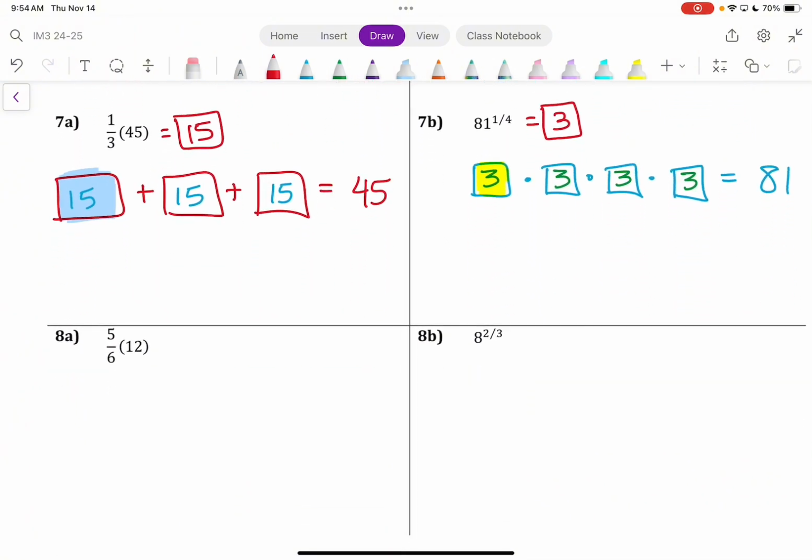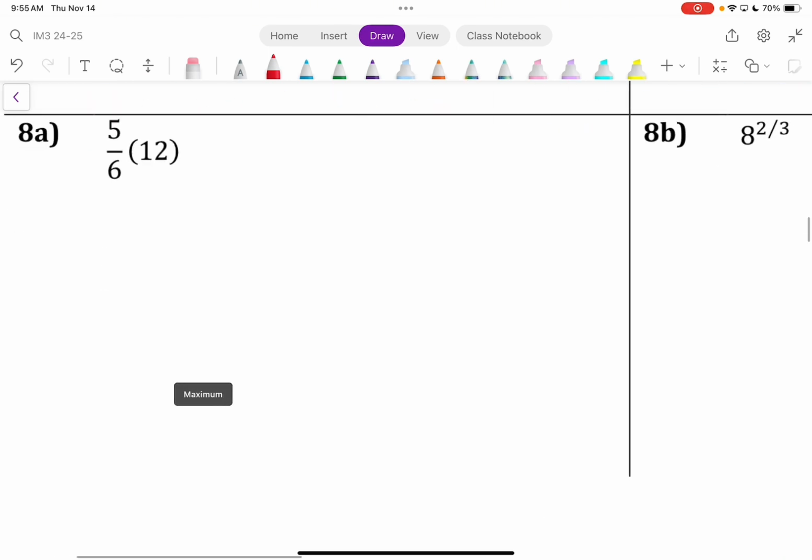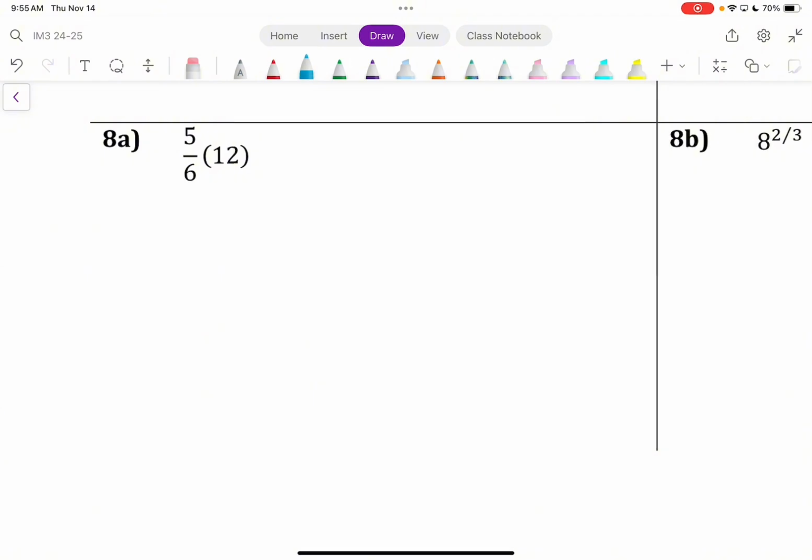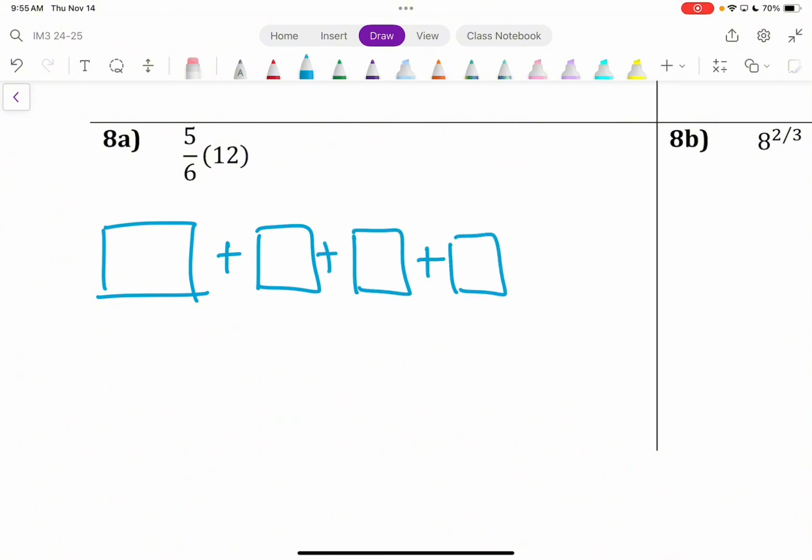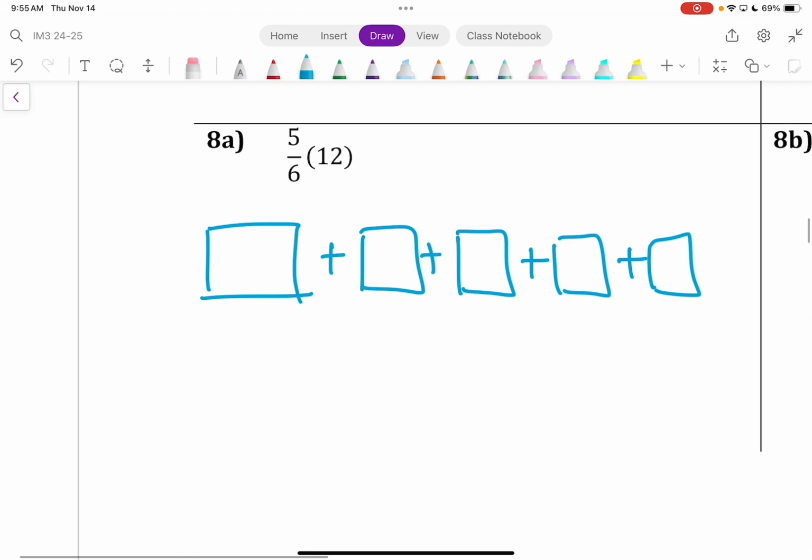So it's pretty easy when you have everything in terms of a 1 as your numerator. It gets more challenging when you have a bigger number than a 1. So let me show you how to do 8a. Starting with repeated addition in this case, right? We're doing the groups. So I want 12 split evenly into 6 groups. Or sorry, 12, not 2. I meant 12. 1, 2, 3, 4, 5, 6.